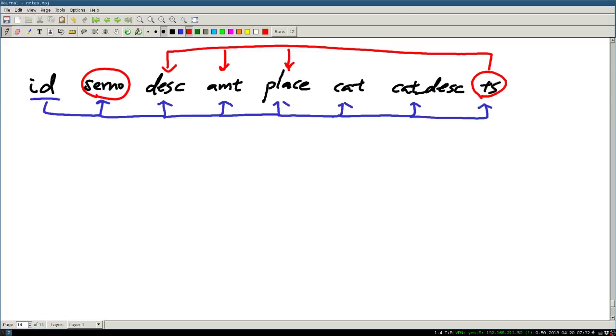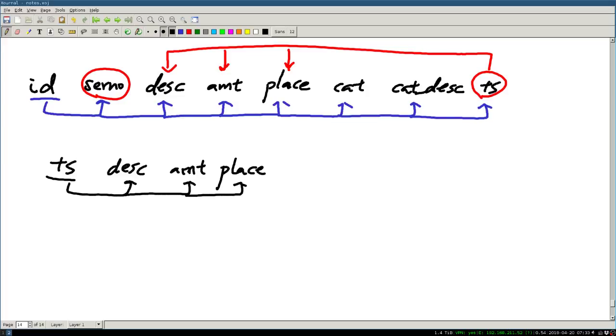And according to the normalization process we learned, we need to decompose the first normal form table. So the partial dependency becomes a standalone table. So the primary key is TS. It is used for determining description, amount, and place.